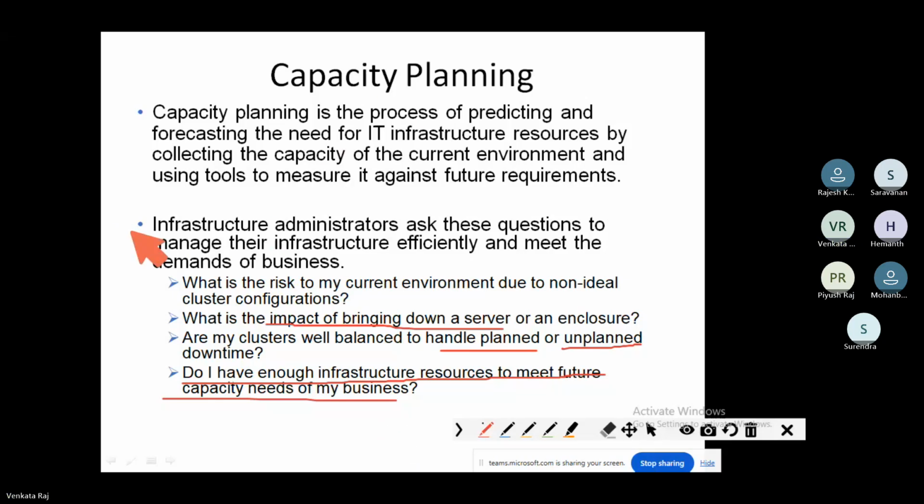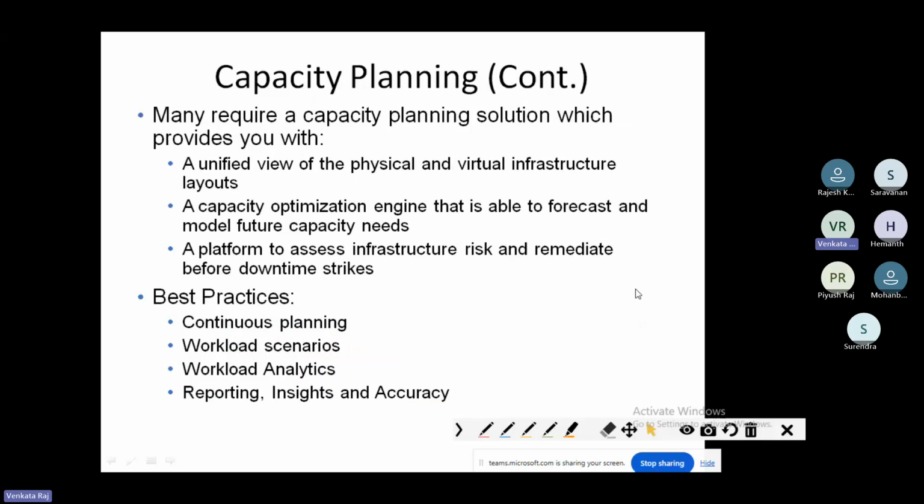So the people who are managing the infrastructure need to ask these kind of questions and find the answer to these questions. All of it clear? That is very, very important, guys. So what is required, guys, whenever you are doing capacity planning? Your capacity planning solution should have these things.